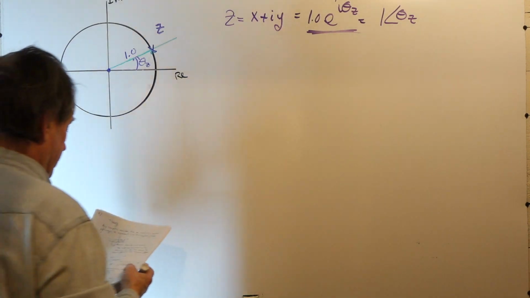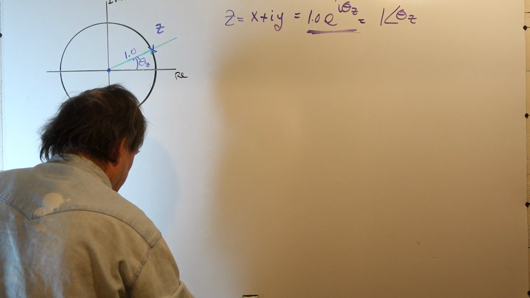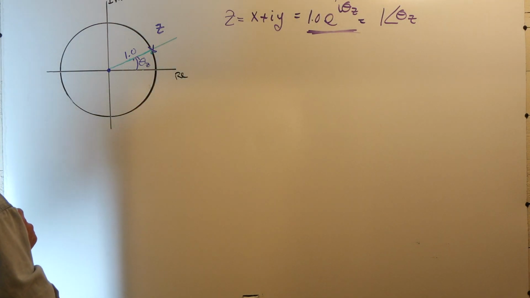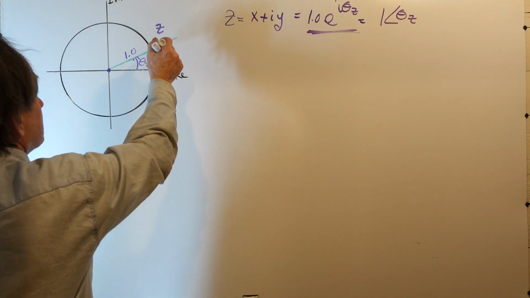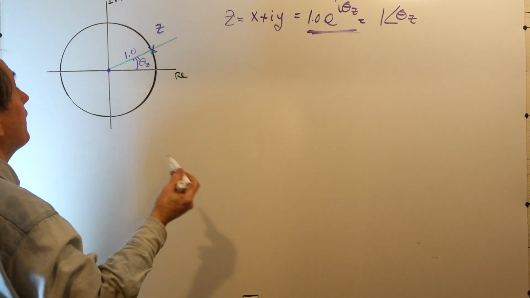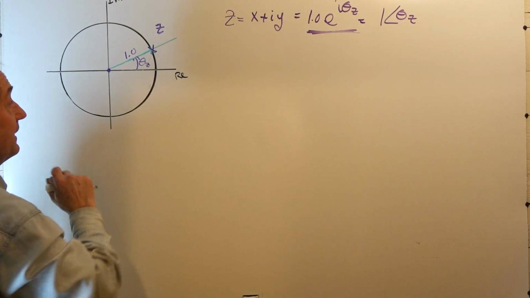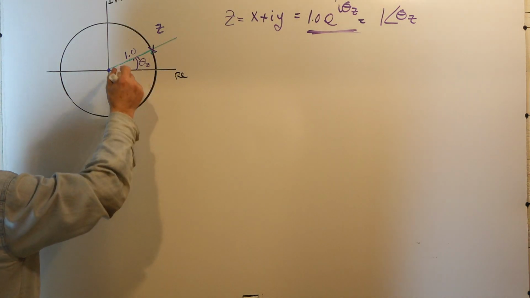Now, notice that the angle theta z isn't a unique representation. If we wanted to represent z, there's an infinite number of ways that we can represent this very same point in the complex plane. All we have to do is add 2 pi to the angle.